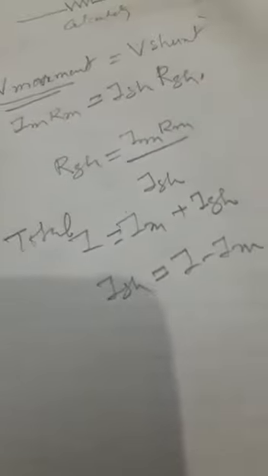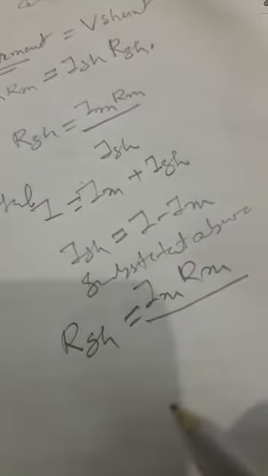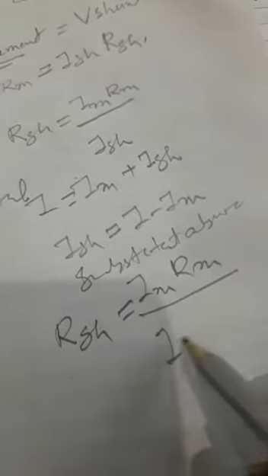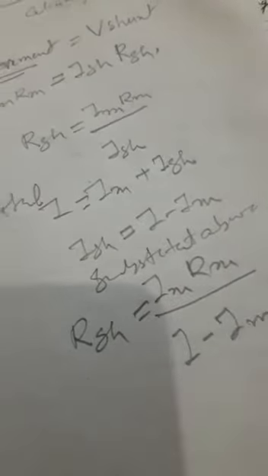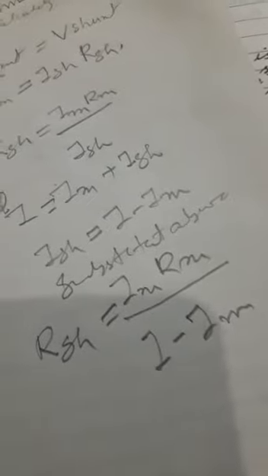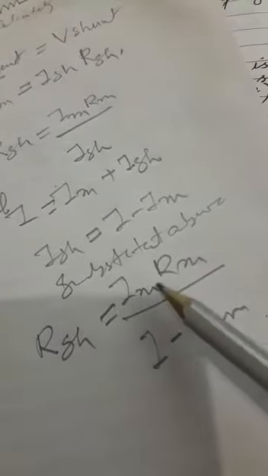We substitute this value above, and then we have RSH is equal to IM RM divided by the new value of ISH, that is I minus IM.